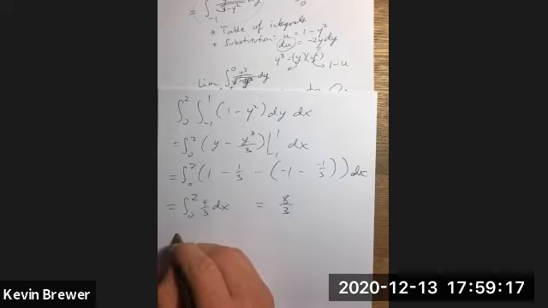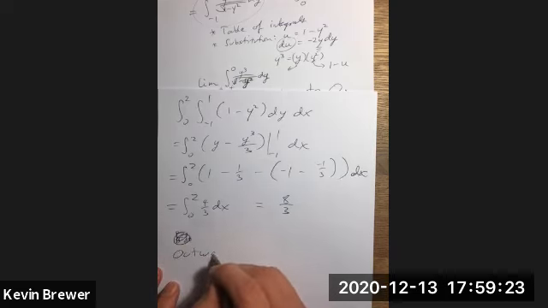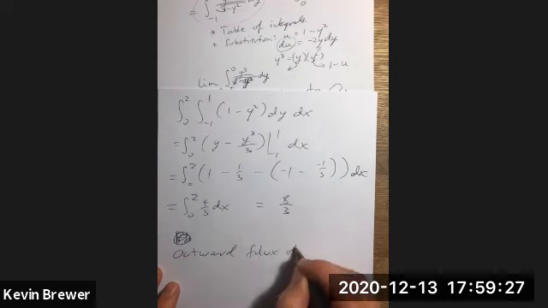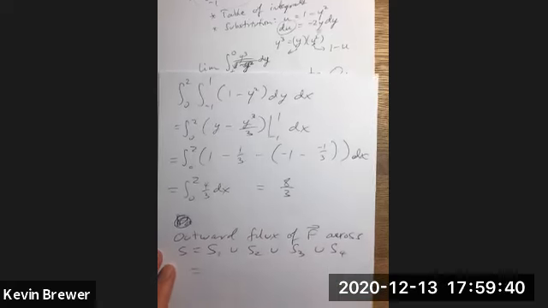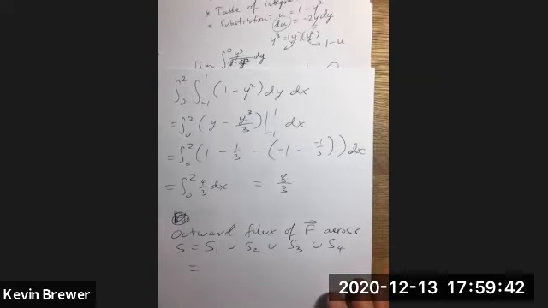Okay, so then the outward flux of F across S equal to S1 union S2 union S3 union S4 is, let's see, get these right, order.